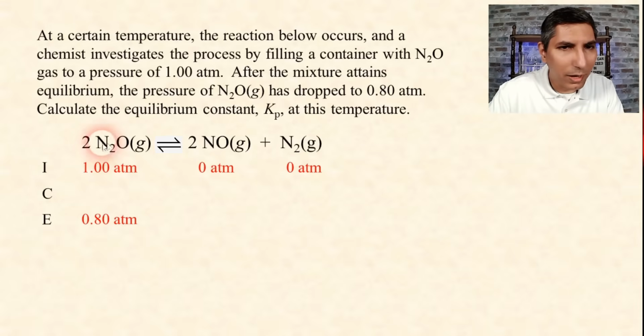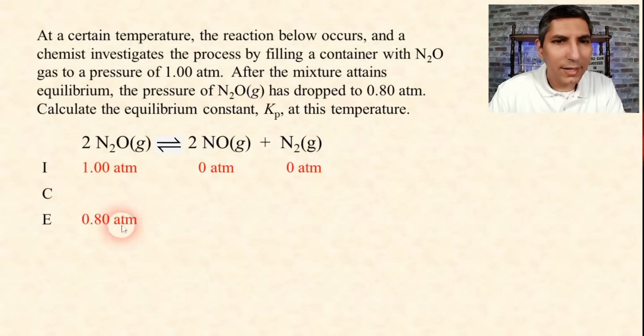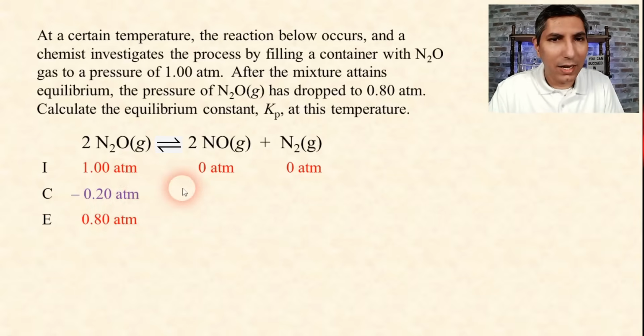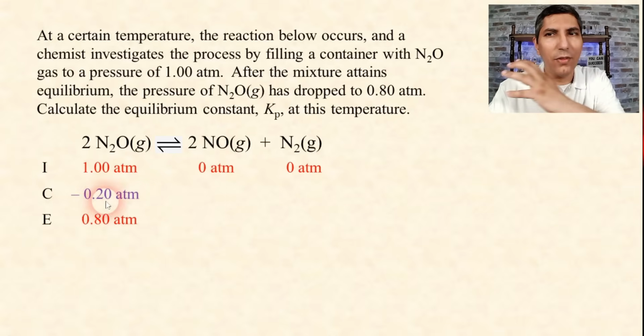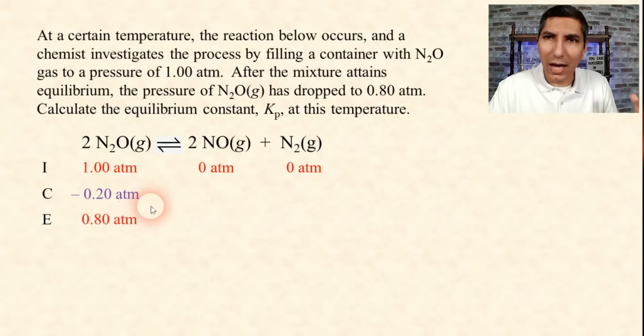So let's start by realizing that the 1 to 0.8, that's a drop of negative 0.2 atmospheres. Now on the other side of the reaction, if N2O is going down, then the products have to be going up. That's how chemical reactions work.